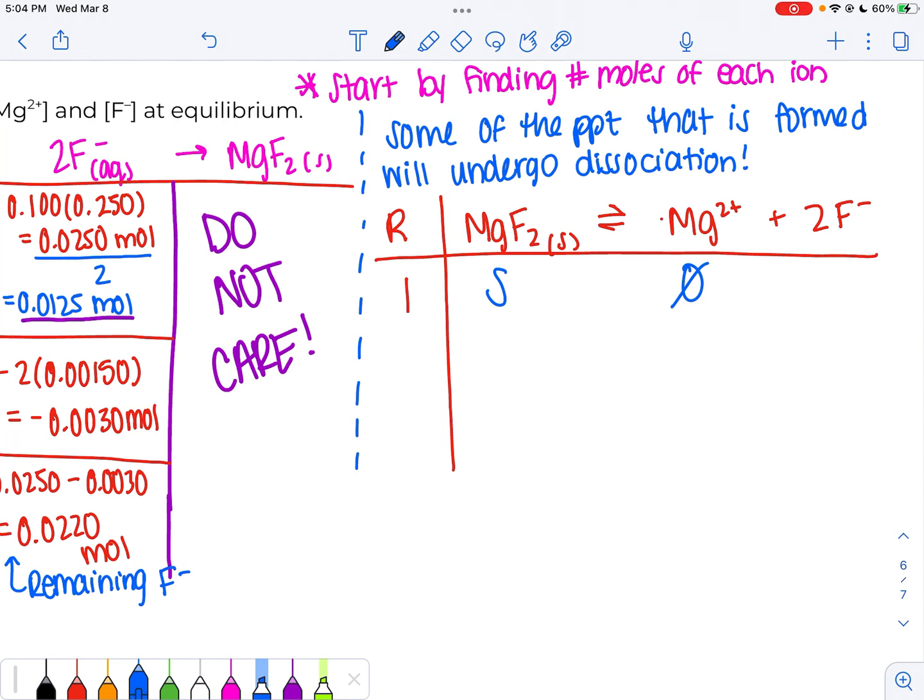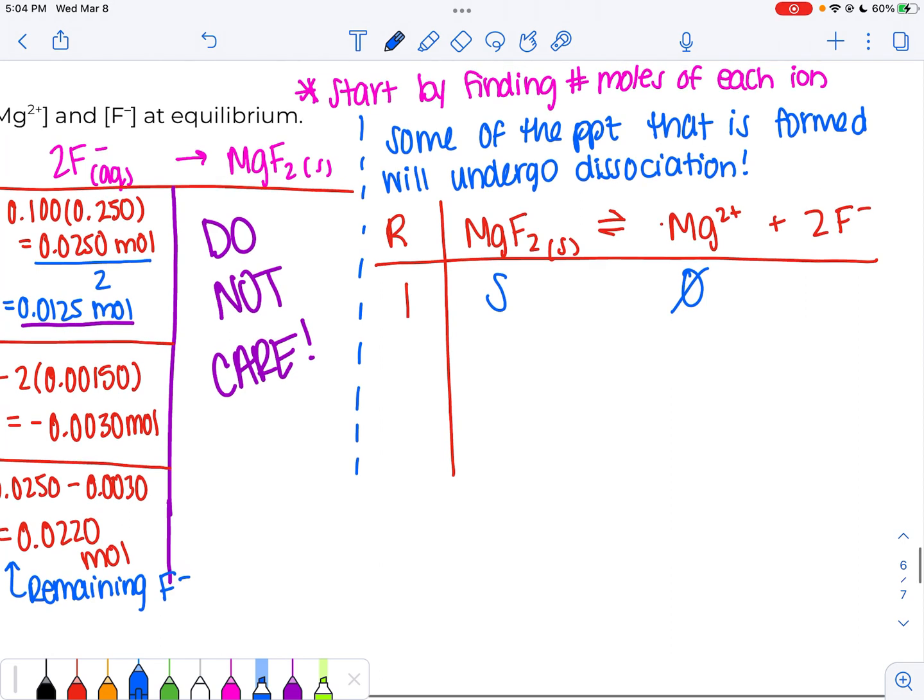And we are starting out with 0.0550 molarity of our fluoride ions.